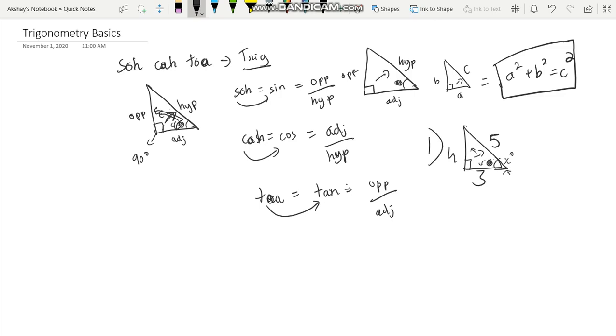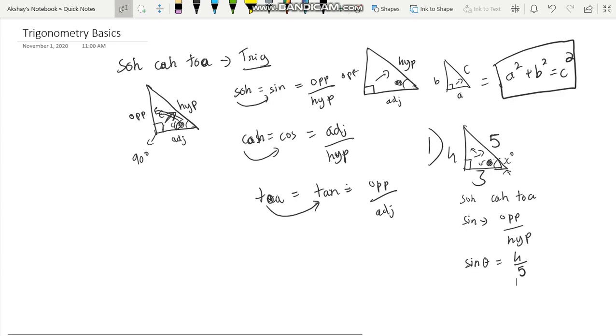You can use any of the three acronyms in SOHCAHTOA because we're given all three sides. However, I'm going to be using sine, and my sine is my opposite over my hypotenuse, which means my sine theta is equal to my 4, which is my opposite to my theta, the angle I want to find. And my 5 is hypotenuse, which is opposite to my 90-degree angle.